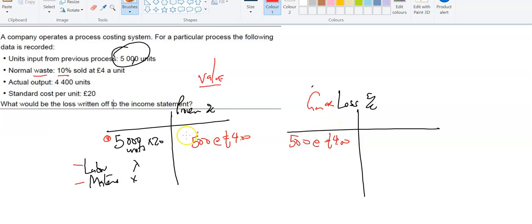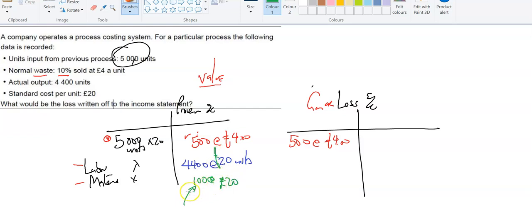Now, if I'm naturally going to lose 500, it means I should have at least 4,500 available. But it says you only have 4,400 that will go into the next process at £20 a unit. And unfortunately, that means you've lost 100 units. This 100 units is what we refer to as an abnormal loss.